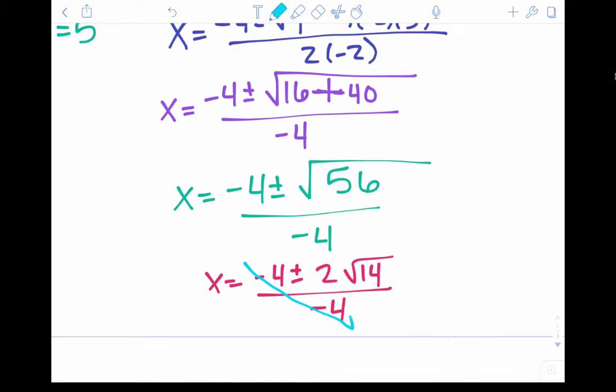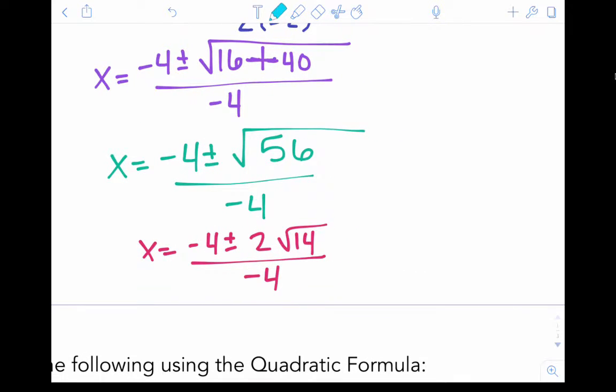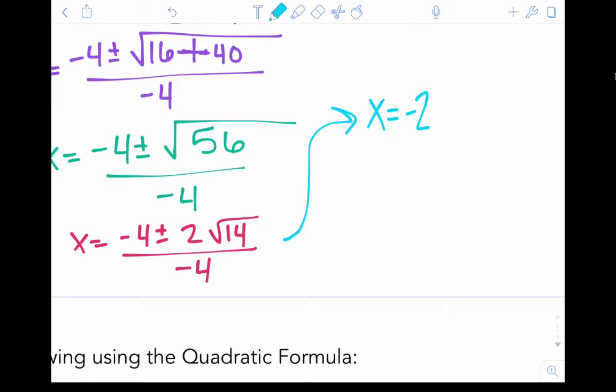I can simplify a 2 out of all three of those numbers. So I'm just going to move this up here. So x equals, if I take out a 2 from negative 4, I'm left with negative 2. Plus or minus, if I take a 2 from 2, I'm left with 1, so I just have rad 14.